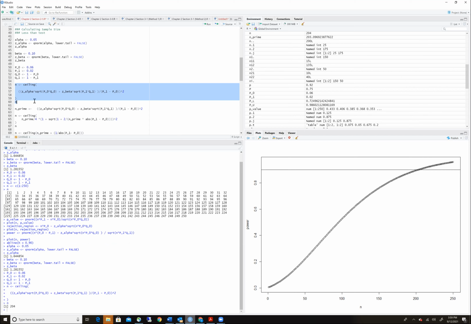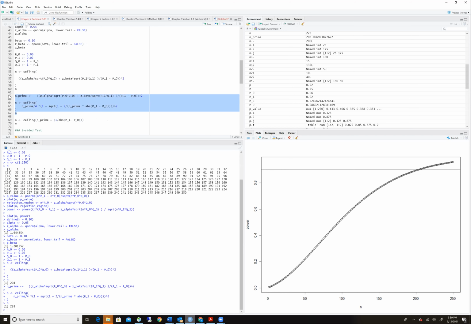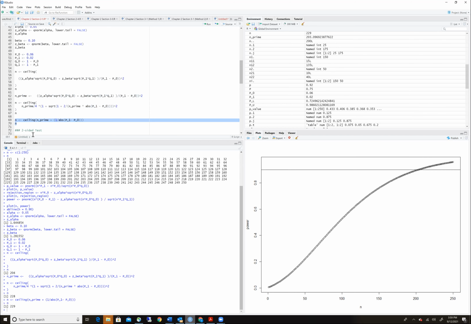sample. Now there's a shortcut formula in our book that calculates n prime. And by doing that, we get the value of needing 228 people. And then there's one more formula that says you can also use this shortcut to calculate n, and it says 229.